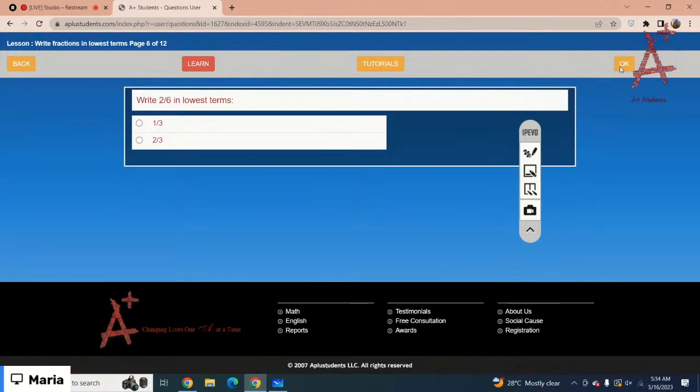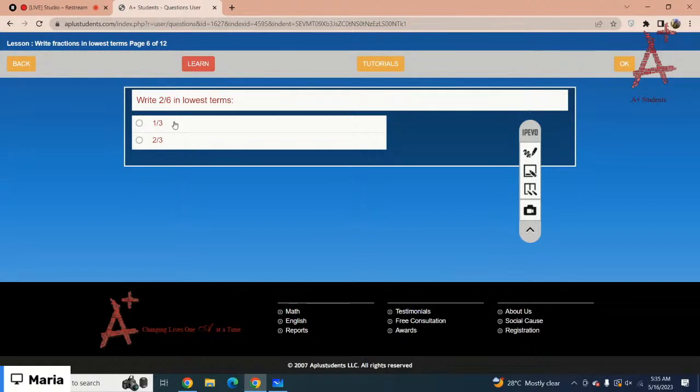Okay, write 2 by 6 in lowest form. So which is the correct option? Yes, that would be 1 over 3.